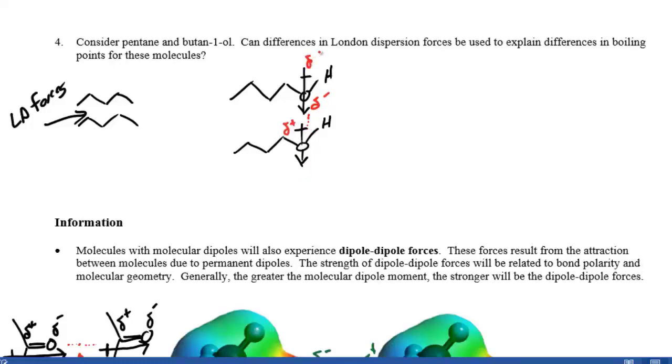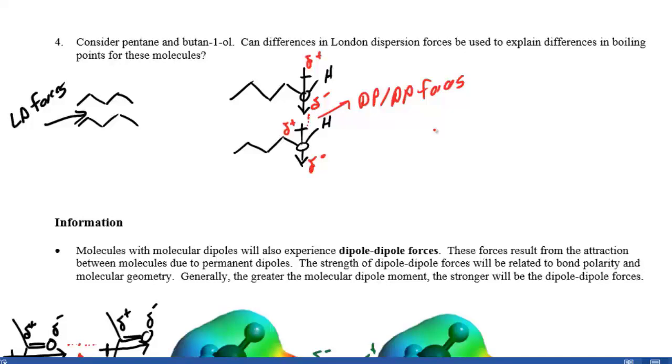Of course, this would also be delta positive here, and this would be delta negative here. So in addition to London dispersion forces, we also have dipole-dipole forces of attraction in these alcohol molecules, one to the next. Now, as we're going to see in a minute, this butane-1-ol also has hydrogen bond forces of attraction. But for now, we'll just focus on the dipole-dipole forces.